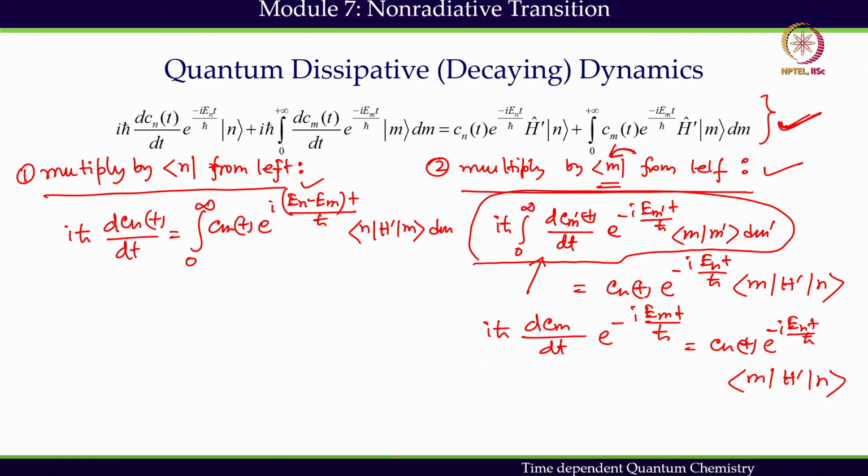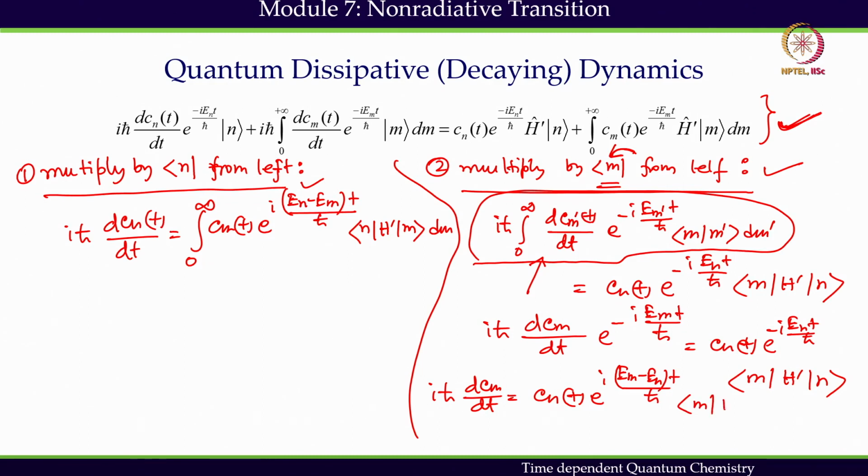So this is the reduced form of this expression, which can be further reduced as i h cut dCm/dt equals Cn(t) e to the power i (Em minus En) t by h cut, H m n.